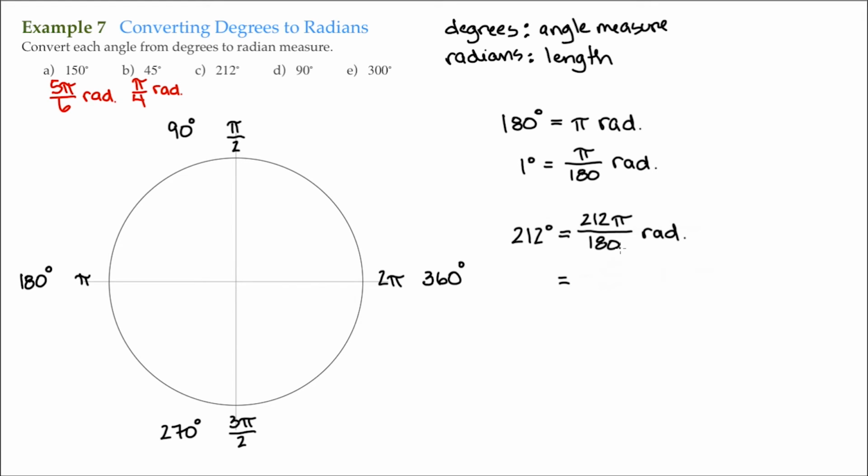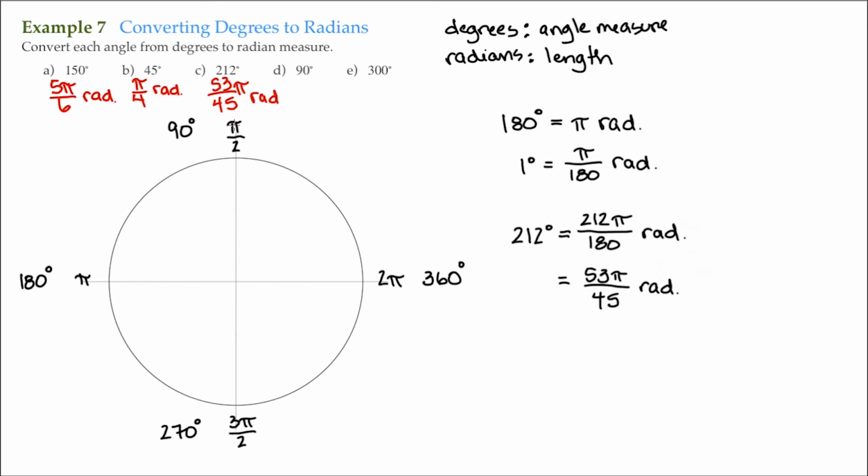We simplify 212 over 180, and that becomes 53 pi over 45 radian. 212 degrees, that's somewhere over here. That is 32 degrees beyond 180, so that's somewhere over here. So that's 53 over 45 pi radians.